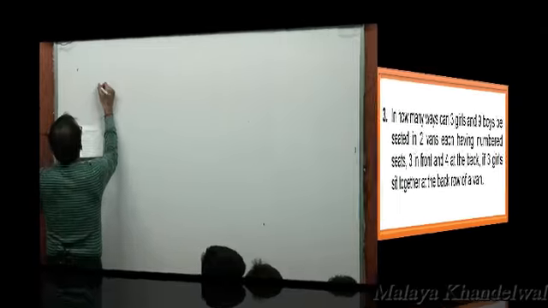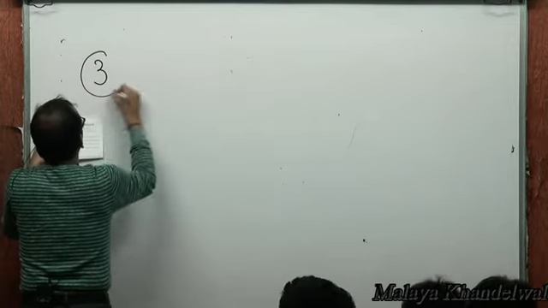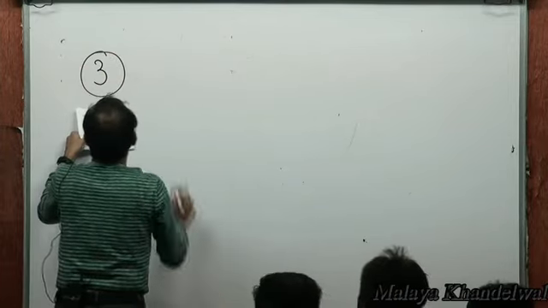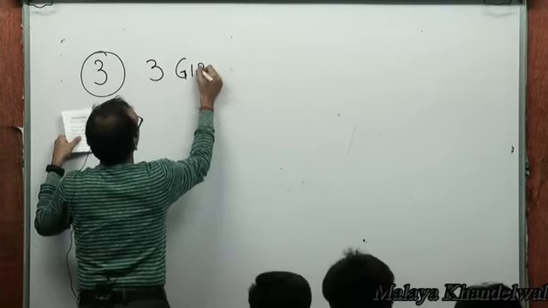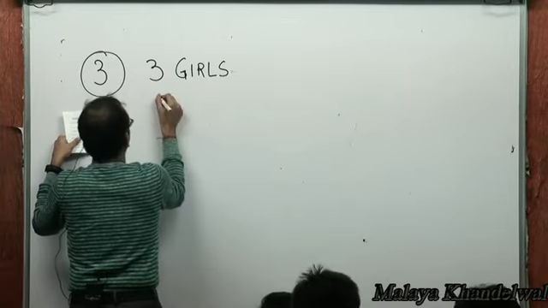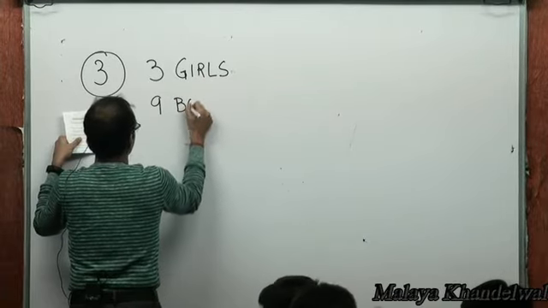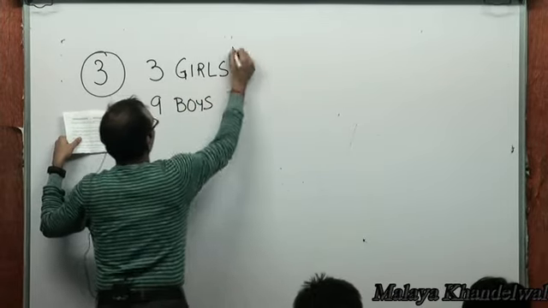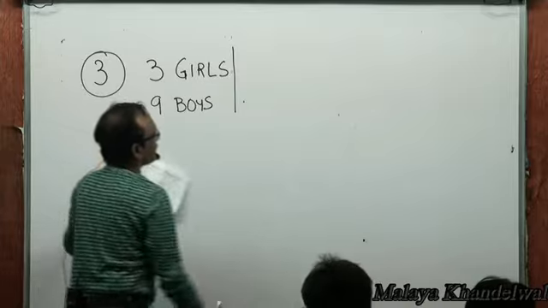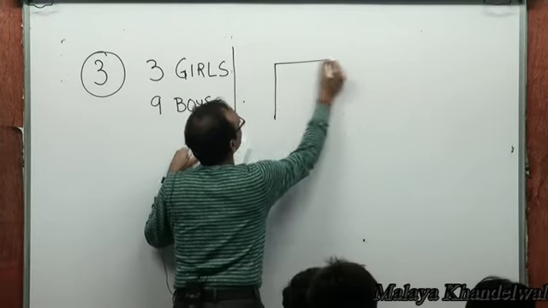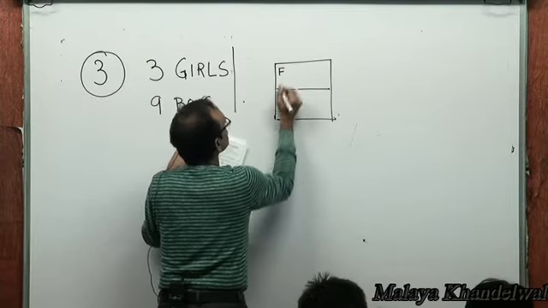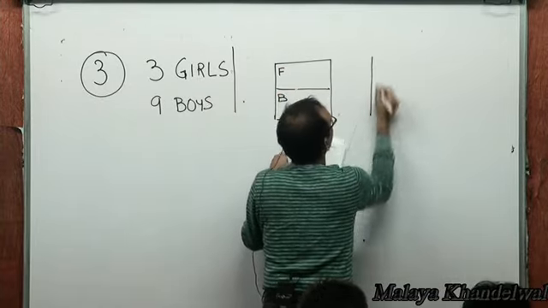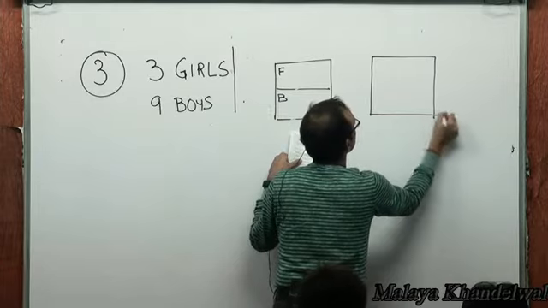Problem number 3. So there are 3 girls and 9 boys, and there are 2 vans, one with a front seat, back seat, front seat, back seat.